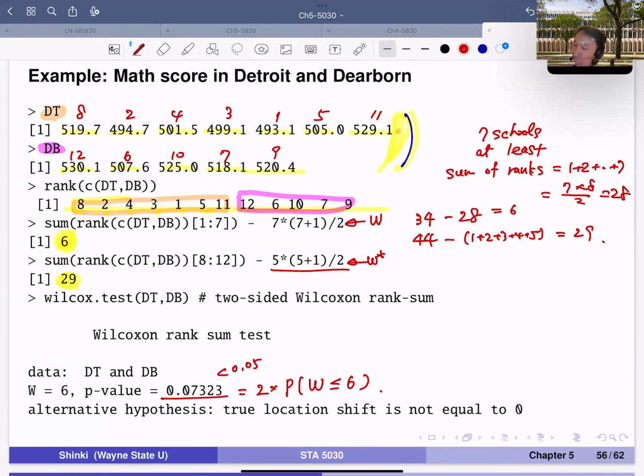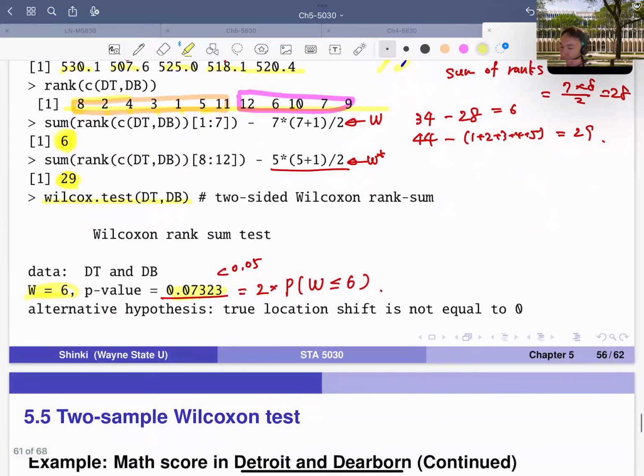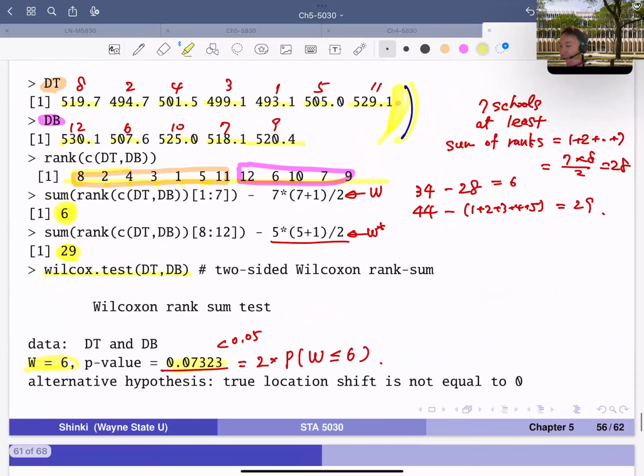And in our code, we can use the wilcox.test function to get these numbers, the W and p-value. Actually the W and the W asterisk are a kind of dual quantity, because W plus W asterisk is always constant, right? Because we have in total 12 observations.